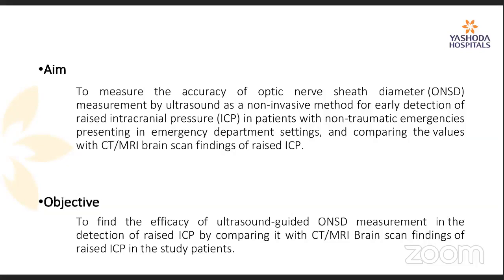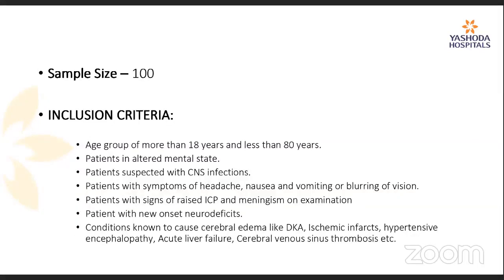The sample size of the study was 100 patients. We included all patients in whom we suspected raised ICP with a non-traumatic history, aged more than 18 years and less than 80 years.